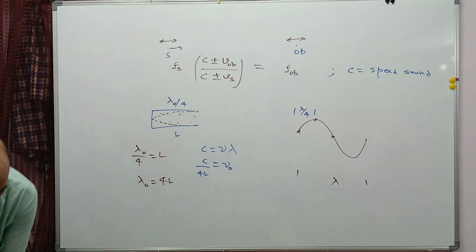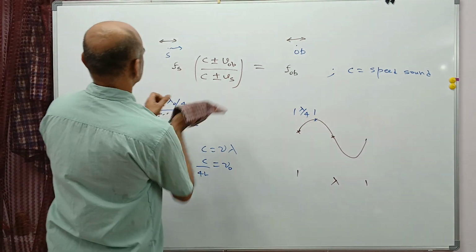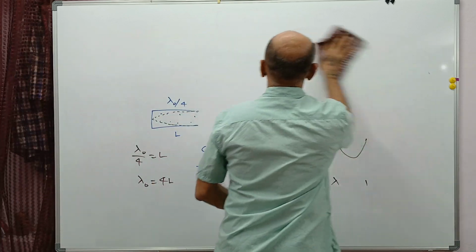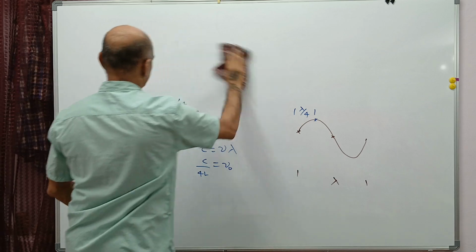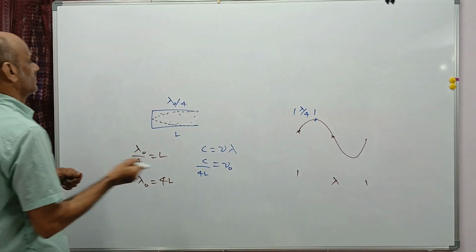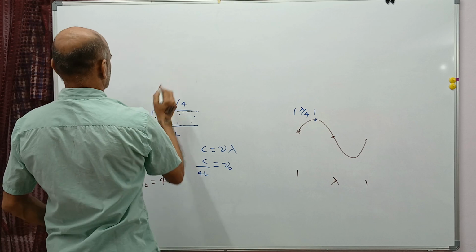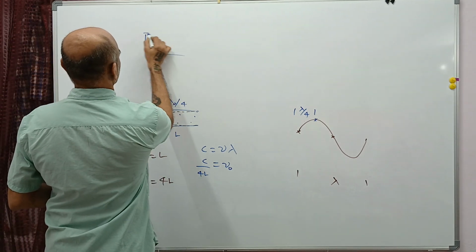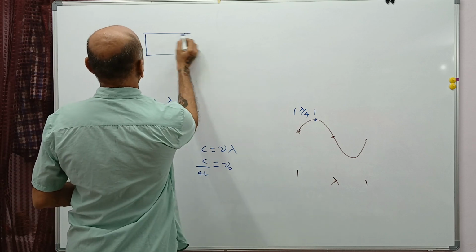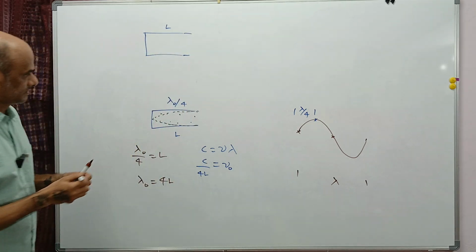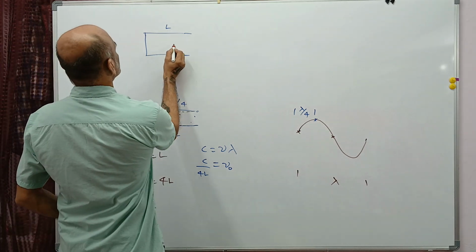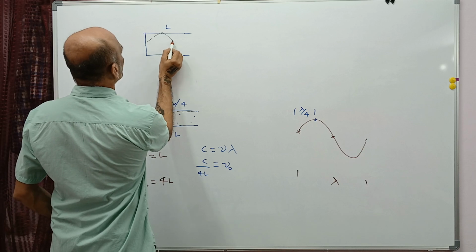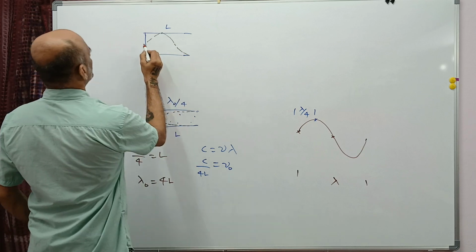The next higher mode that can exist in this organ pipe is, same pipe, so it should be of same length L, but it has a half wavelength or a loop and an antinode at this end.